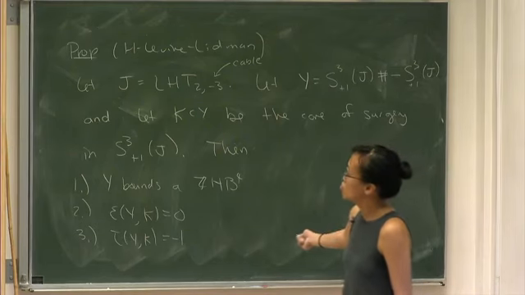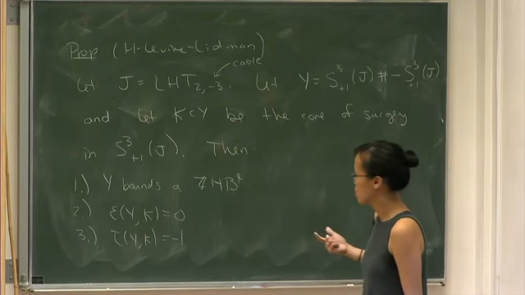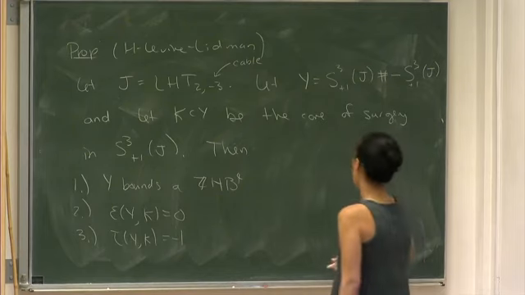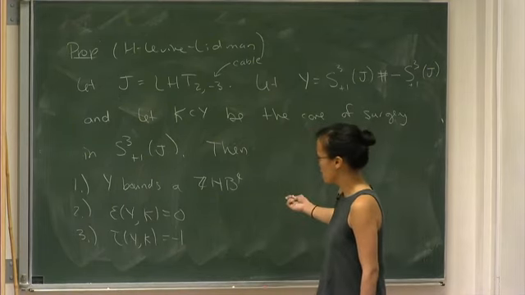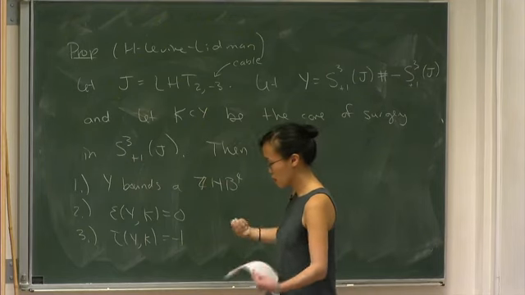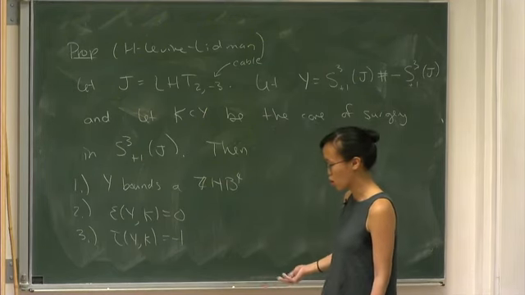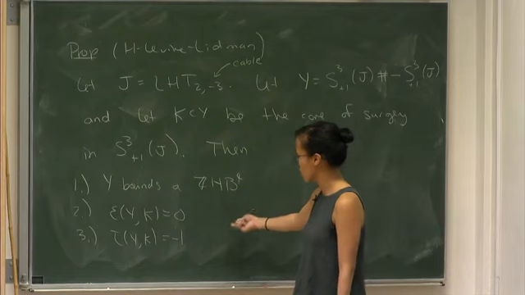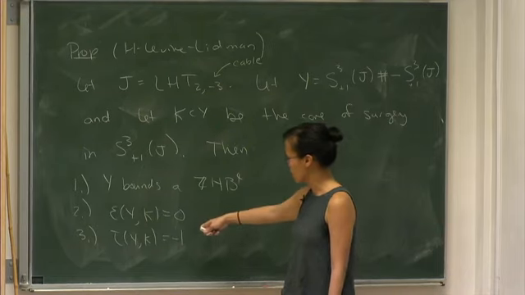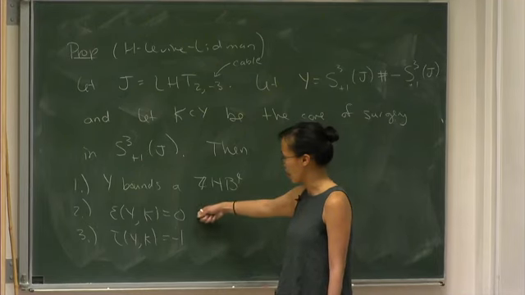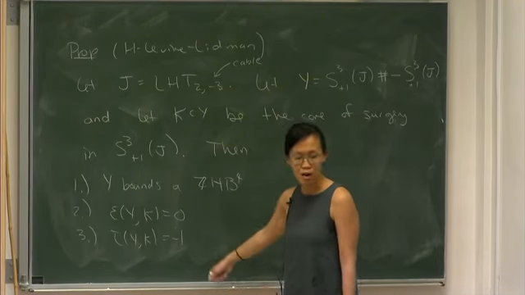So in particular, since epsilon and tau are both concordance invariants, this tells us that K is not integer homology concordant to any knot in S3, because if it was concordant to a knot in S3, epsilon being 0 would imply that tau has to be 0.